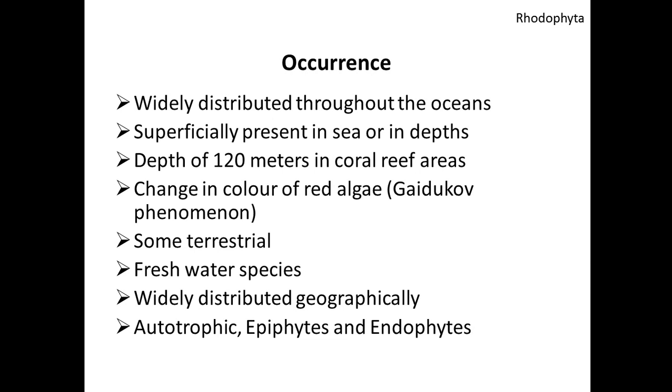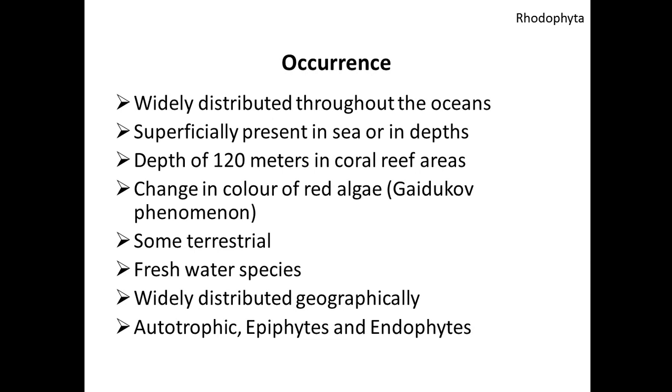Now, what is the reason for this? We know that there are pigments which have the capacity to absorb particular wavelengths. This red pigment, R-phycoerythrin, absorbs the blue-green wavelength, and this blue-green wavelength penetrates into deeper water. So if the alga is in deeper water, this is the wavelength which is going to be available for it. And so the pigment which absorbs this wavelength is red.